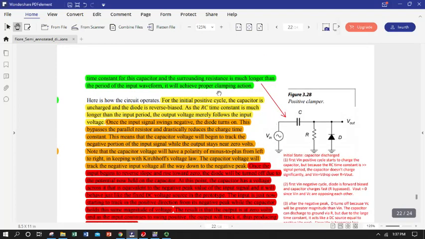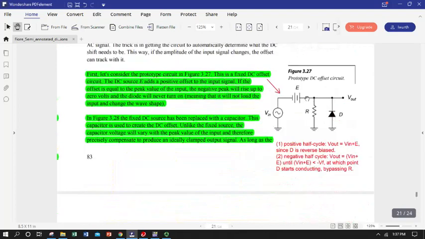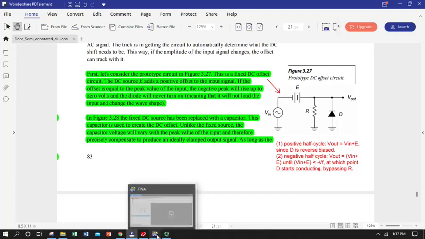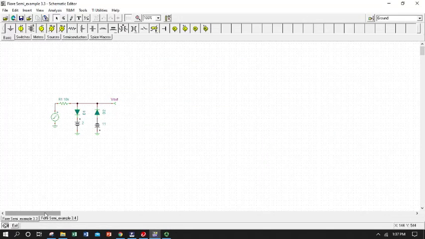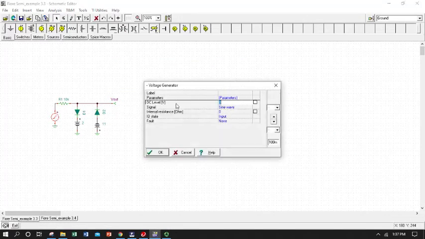So that's great if we want to displace our sinusoidal voltage by a particular amount. Basically just move it up or down. And in fact, we have the ability to do that in our TINA circuits. We'll go back to our clipper example and just show you where that is.